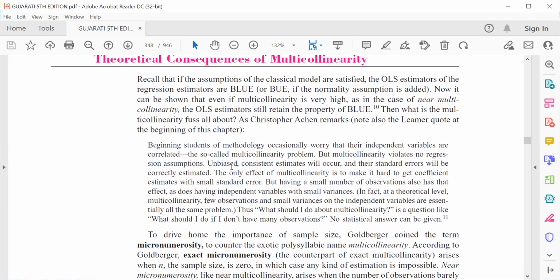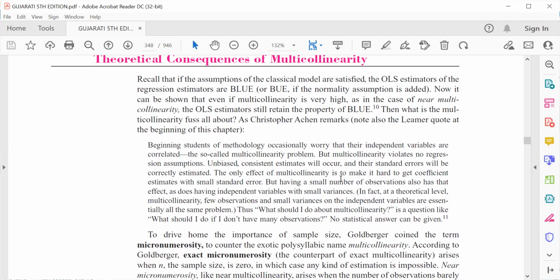So the relationship between income and price will have multicollinearity. But multicollinearity violates no regression assumptions. The estimator is still unbiased, still consistent.